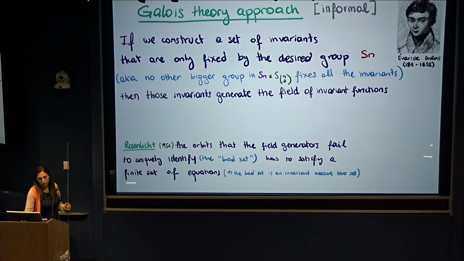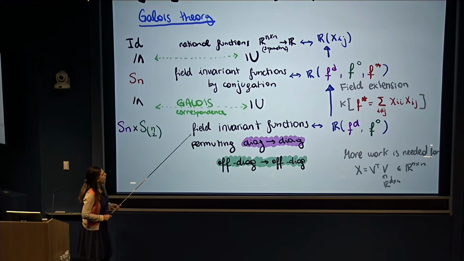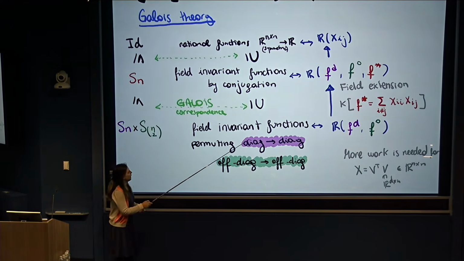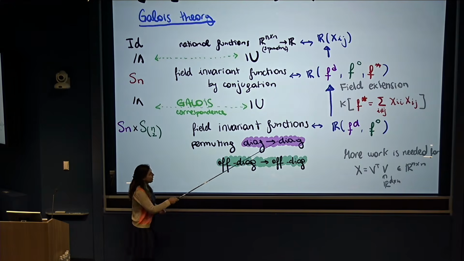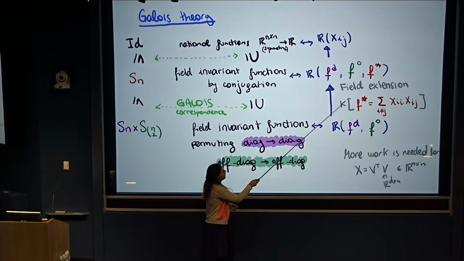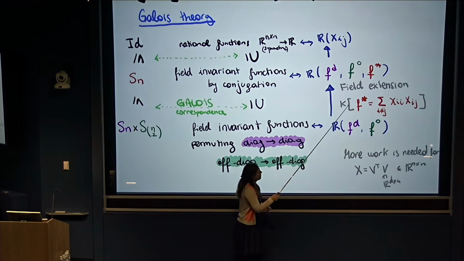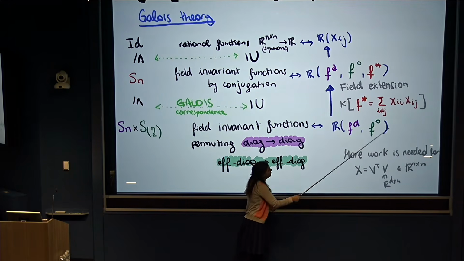So basically, we know the generators of the field of invariant functions for the large group, and we're going to consider another element that is fixed by the smaller group, and nothing inside the larger group, larger than S_n, fixes it. And for instance, this object will do the trick.